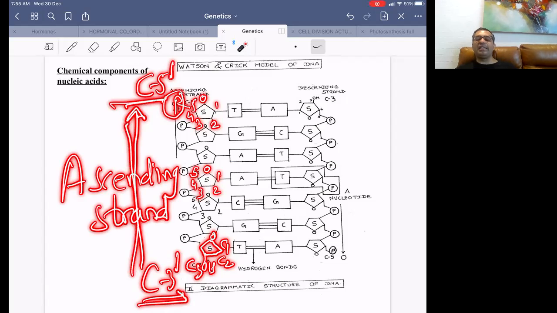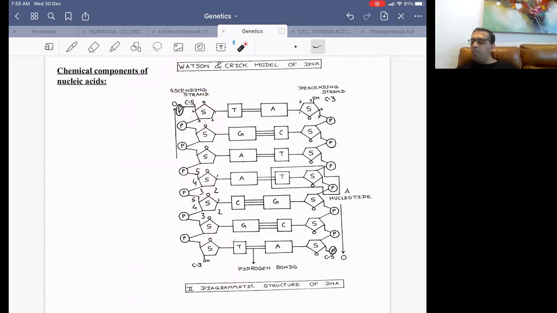The ascending strand. But if we look at the opposite strand, in this strand the oxygen was upward, but in the opposite strand, oxygen is facing downwards. So rule of thumb, in the clockwise direction, if this is oxygen, this becomes C1, this becomes C2, C3, C4, C5.